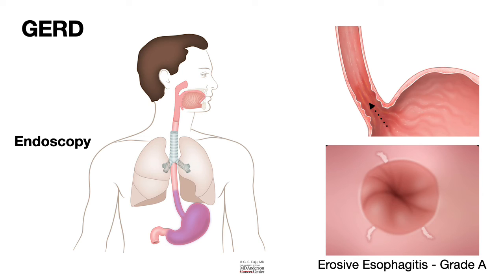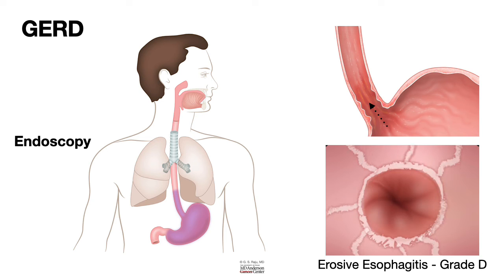If the erosion becomes longer, more than 5 millimeters, and doesn't go across the folds, it is grade B. If it crosses the folds but is less than 75% of the circumference, then it is grade C. And if it is more than 75% of the circumference, then it is grade D.